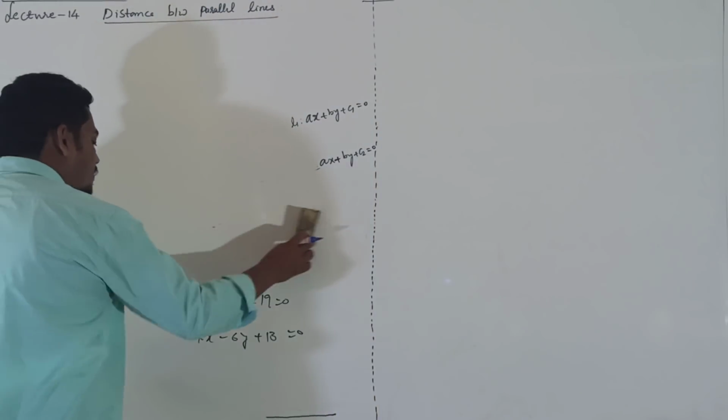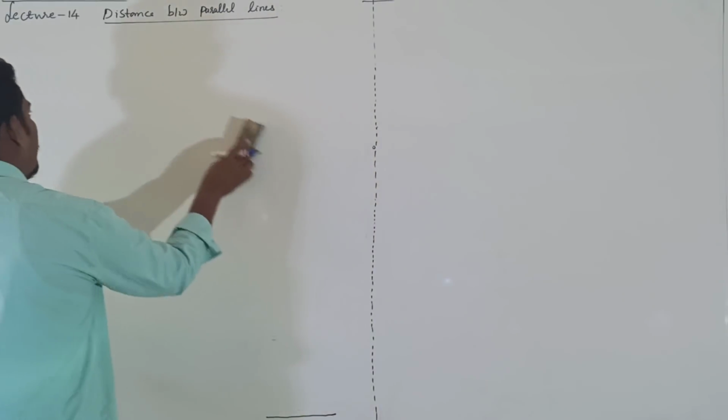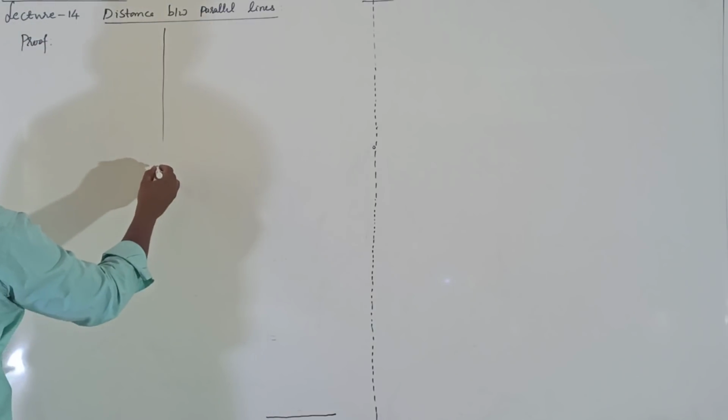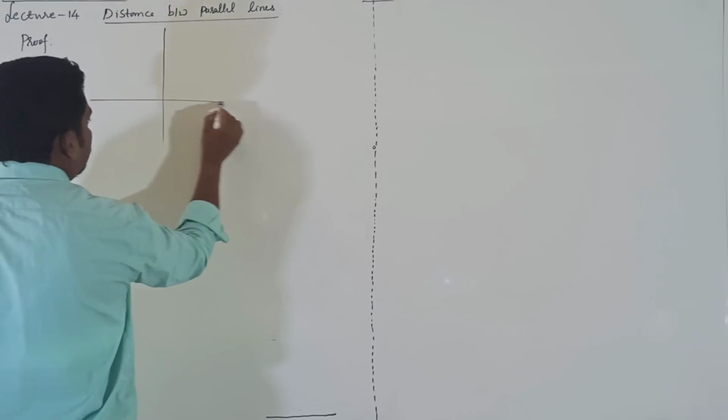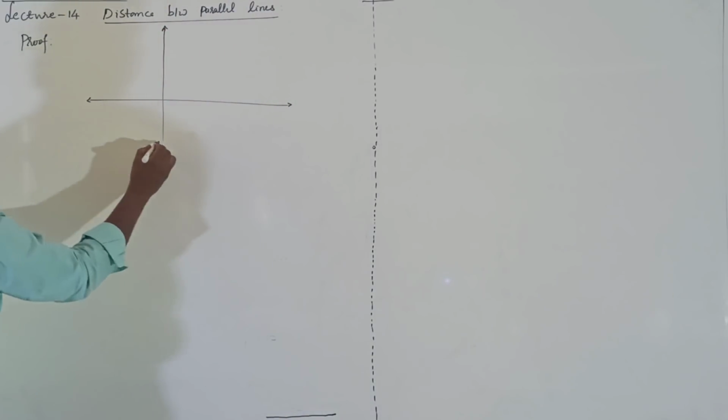Now we should derive the formula for distance between two parallel lines, right? Just consider a 2D plane. This is the 2D plane, and consider two parallel lines.